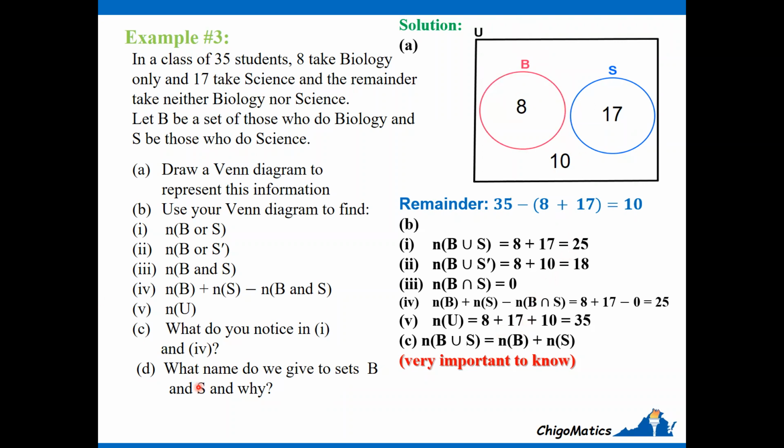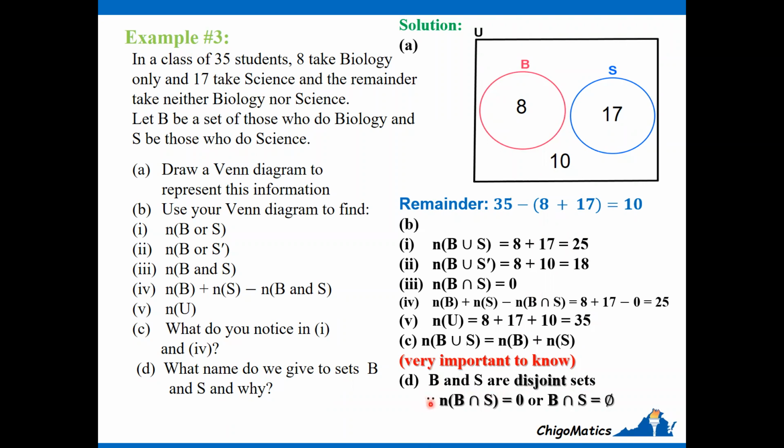But there is this question, what name do we give to sets B and S and why? Right, B and S are disjoint sets. Disjoint, that means they don't have anything in common, they are separate, right?